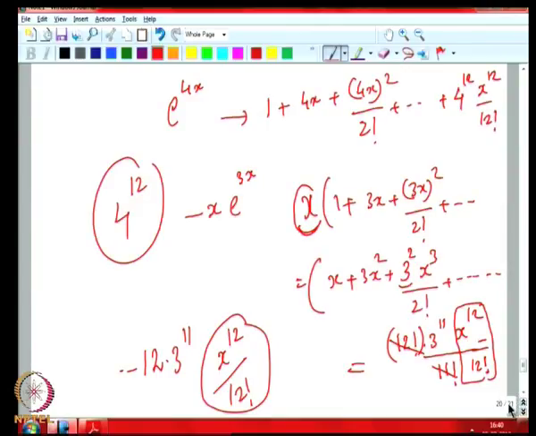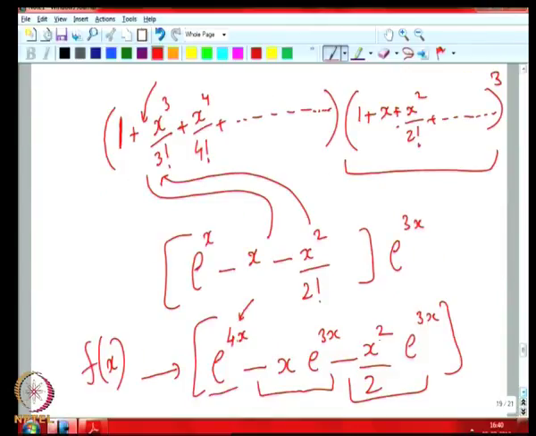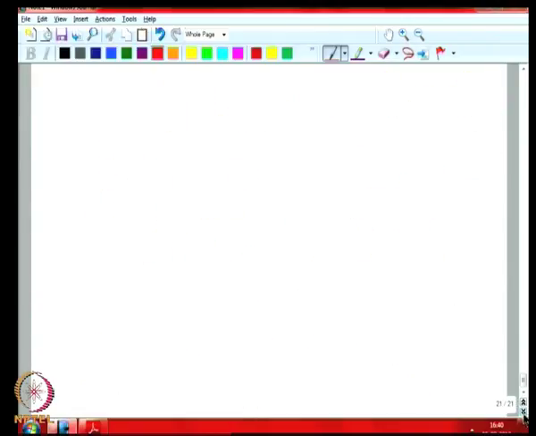Now the last term is this x square by 2 into e raised to 3x, with a minus as usual.